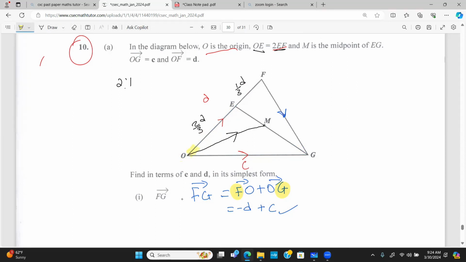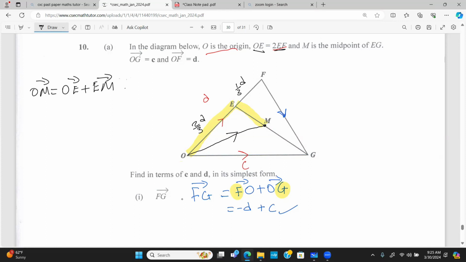I'm going to move from O to E, then from E to M, and I'm done. So we're talking about finding OM, which is from O to E plus from E to M. That's the triangular walk.